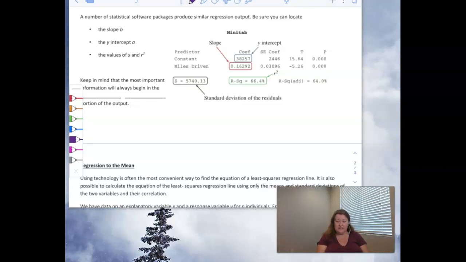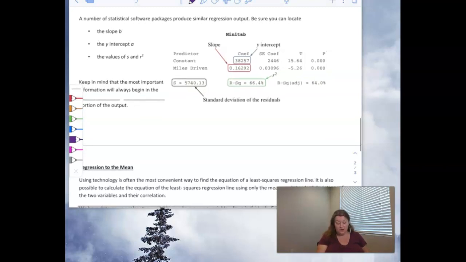What is more likely is that they might give you a computer output. Here's an example of a computer output. I've added in some notes already. When I run least square regression on my calculator, I get y hat equals a plus bx.